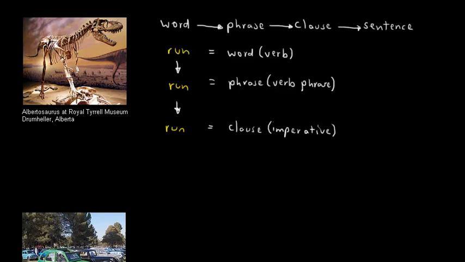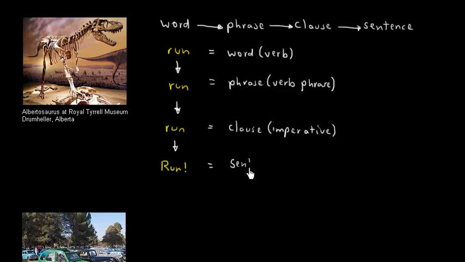Now, I'm going to turn this into a sentence, and for punctuation mark, I'm going to use an exclamation point, because obviously it's very important to me that you run.